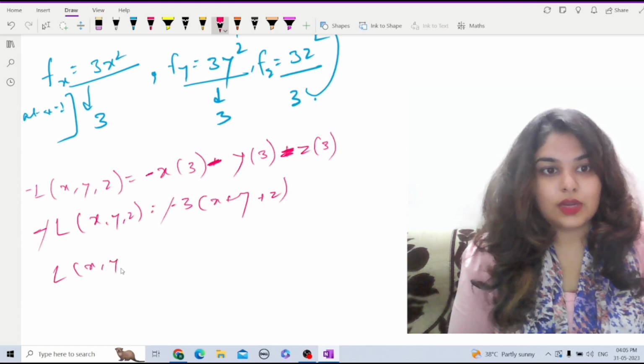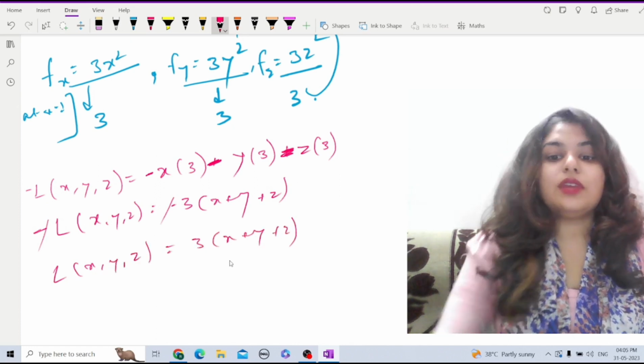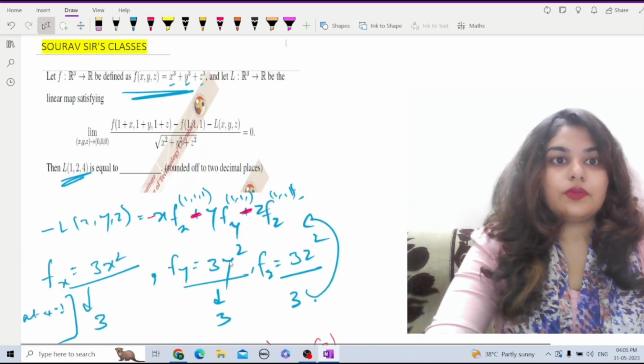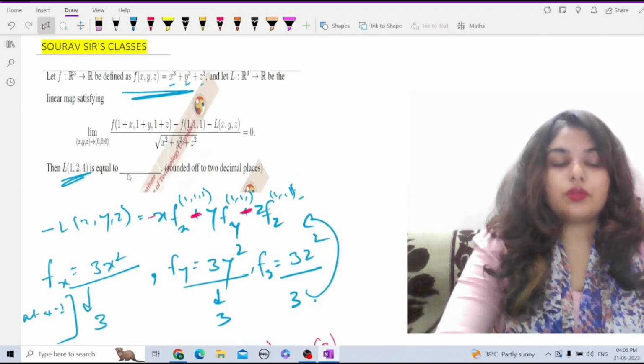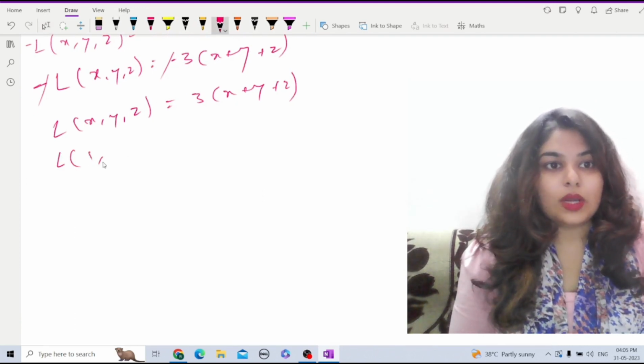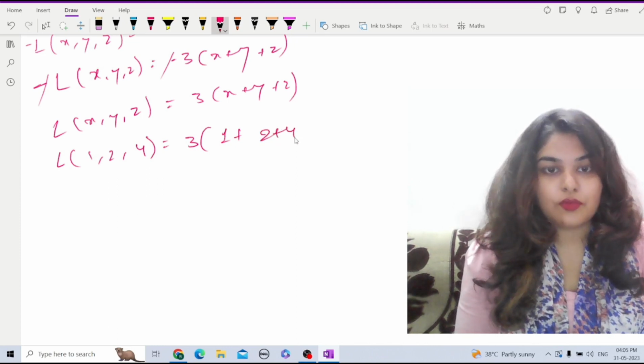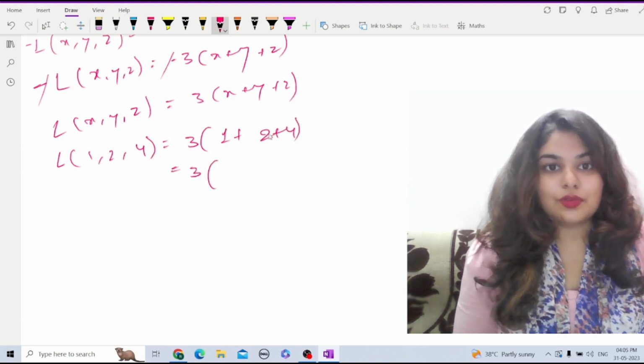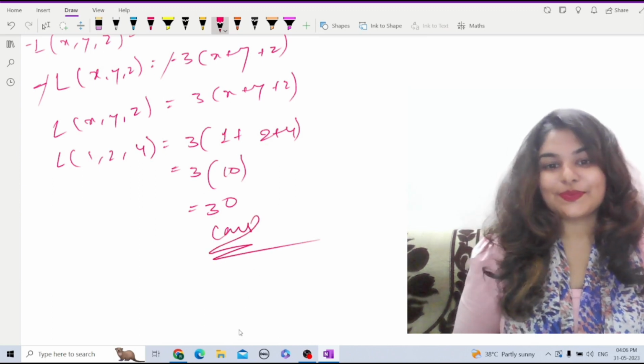So L of x, y, z is equal to 3 of x plus y plus z. So what we have to find out is L of 1, 2, 4. That means L of 1, 2, 4 is equal to 3 into 1 plus 2 plus 4, which is 3 into 7, which is 21, and that is the answer.